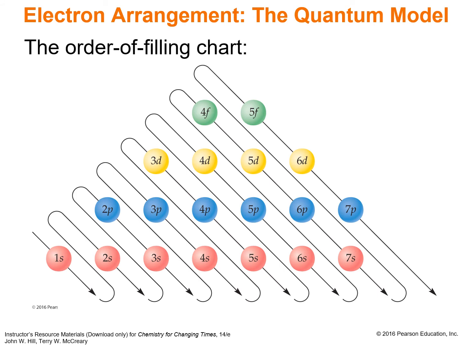So 4f, 5d, 6p, 7s. So you need to know this arrangement. It's a good idea to write these down in this order and then keep following the arrow. That way, in the beginning, when you're practicing writing the electron configuration, you will not make a mistake.